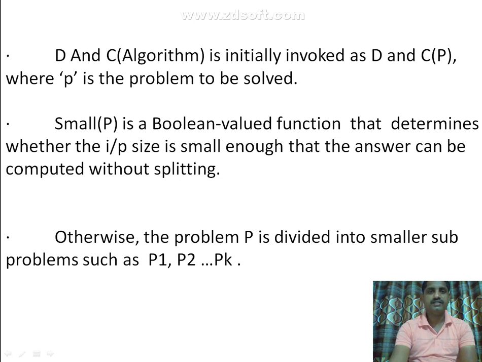See here, the DAndC algorithm is initially invoked as DAndC(P), where P is the problem to be solved. Small(P) is a Boolean valued function that determines whether the input size is small enough that the answer can be computed without splitting.